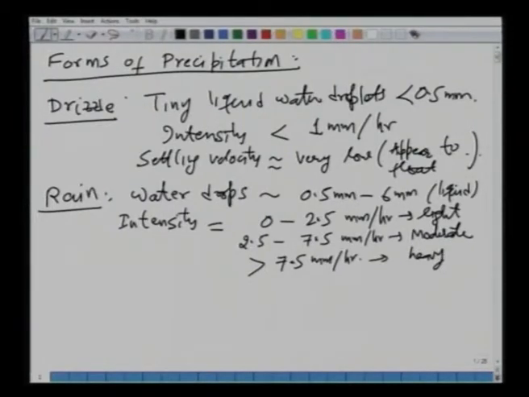So, these are the 2 different forms of precipitation, drizzle and rain, all right. Continuing further, the next one we have is what is called the glaze. Okay. Some of these you may not have experienced, but may have heard about them.